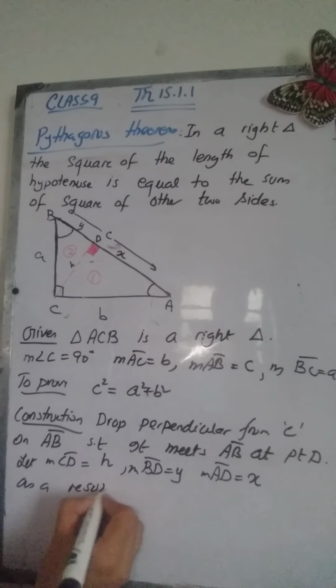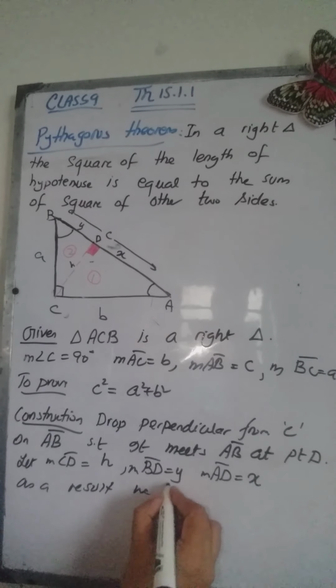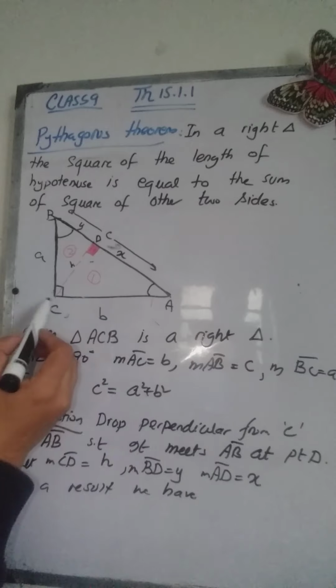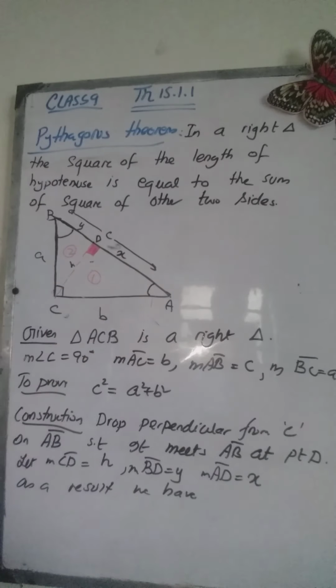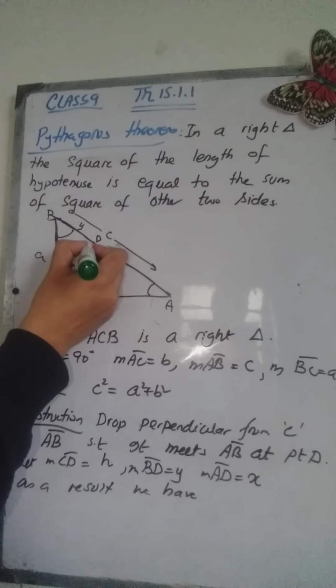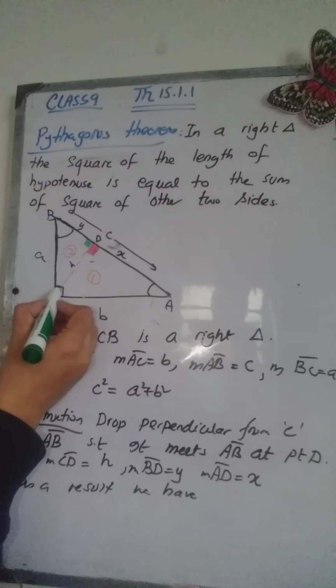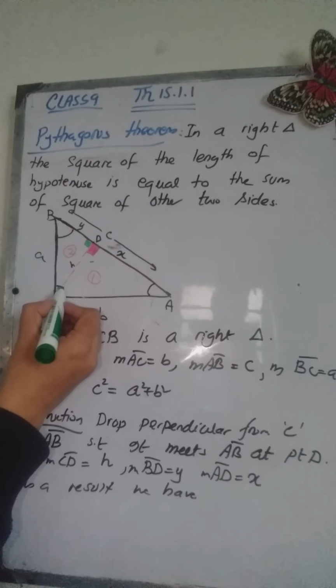We have two right triangles. This triangle is also a right triangle because this angle is 90, and then this is also 90. These are the angles which are equal to 90.